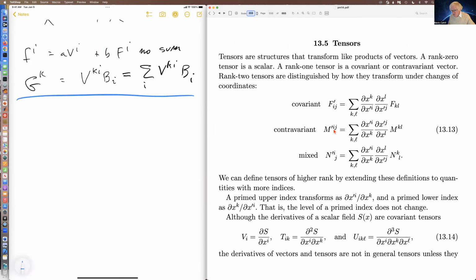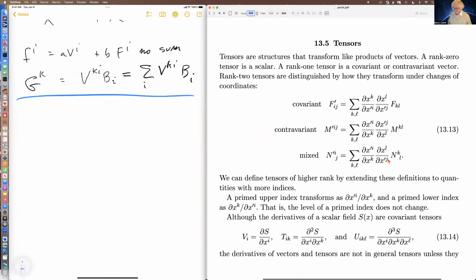You can have a contravariant rank 2 tensor, so the two primed indices are upper, and they stay upper on the right-hand side. And then you can have a mixed tensor, one up, one down, and now they're both primed because they're indices of a primed quantity, and so the one that's upper stays upstairs, and the one that's lower stays downstairs, and then the other two are k and l.